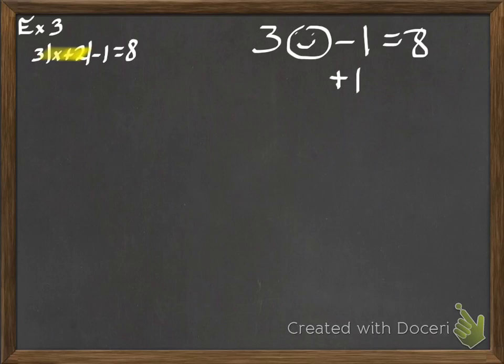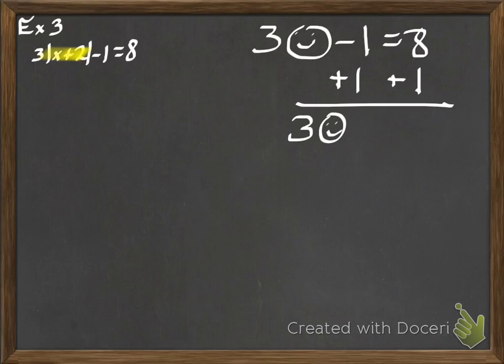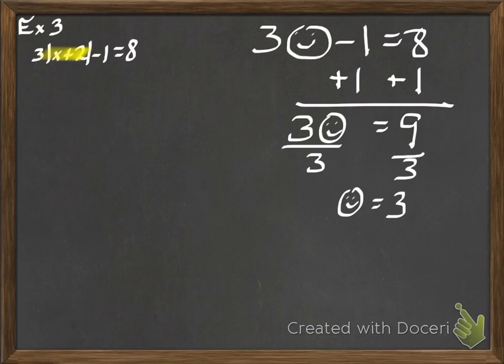We would add 1 to both sides, and we'd end up with 3 smiley faces are equal to 9, because 8 plus 1 is 9. And then divide by 3. And so that will leave us with that smiley face is equal to 3.